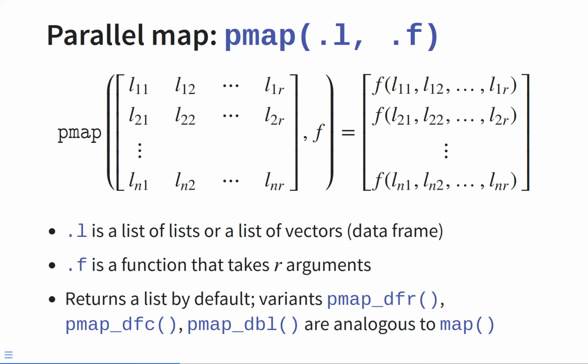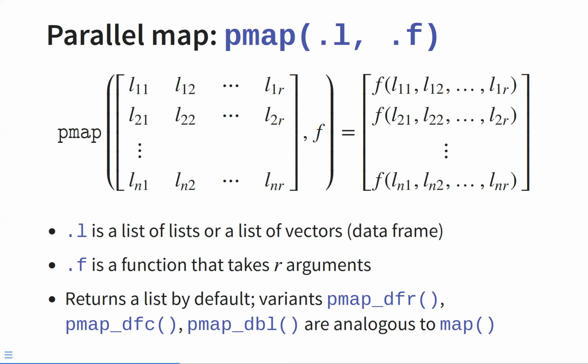There's also pmap, which stands for parallel map. The way that parallel map works is the first argument .l is either a list of lists or a list of vectors, namely a data frame. And .f is a function that takes r arguments. At the top of this slide, I'm showing you the basic idea. I've got this data frame type thing with columns and rows, and the function f is applied to the first row.